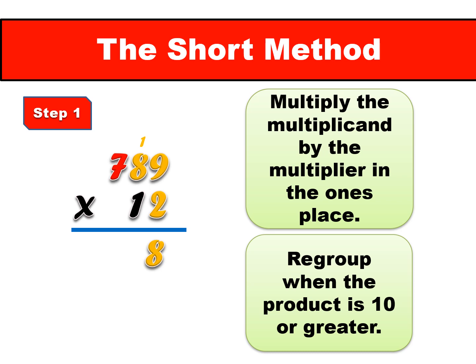We will regroup 17, bring down 7, regroup 1 in the hundreds place. Then 2 multiplied by 7 is 14, plus 1, 15.